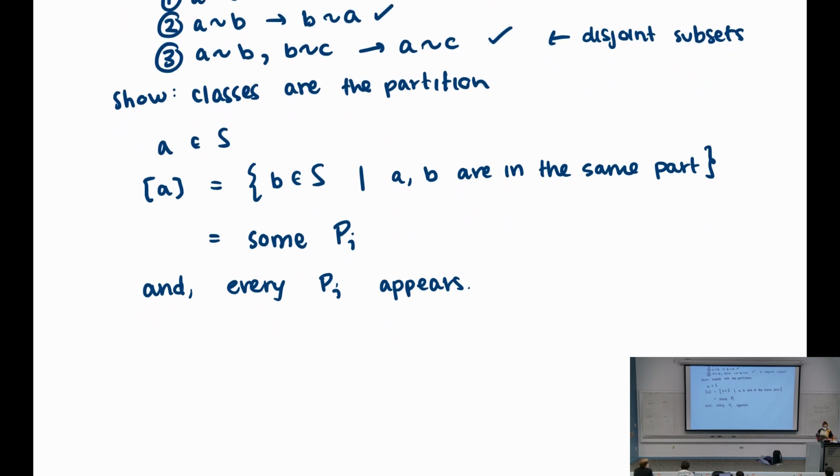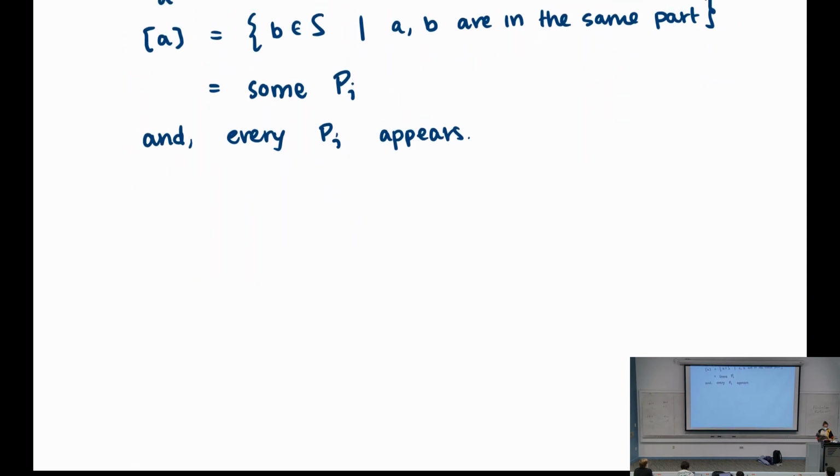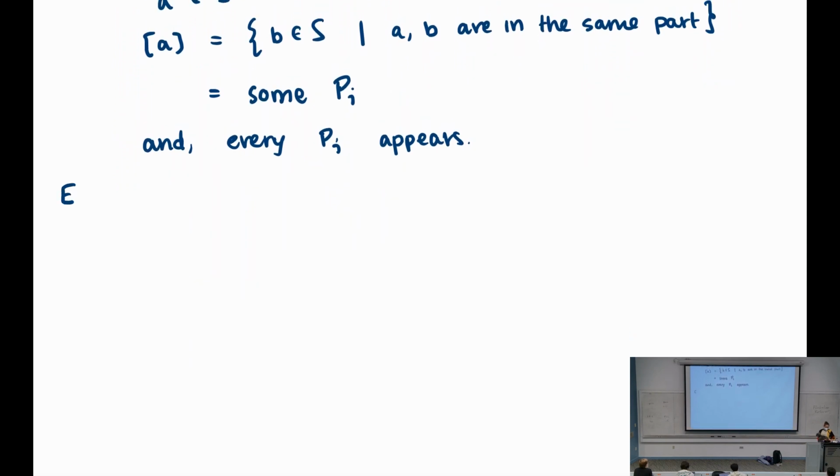So let me return to the example that I opened with at the beginning of lecture. I was talking about pairs of numbers and saying that there was an equivalence relation that basically gives you as the equivalence classes the rational numbers.